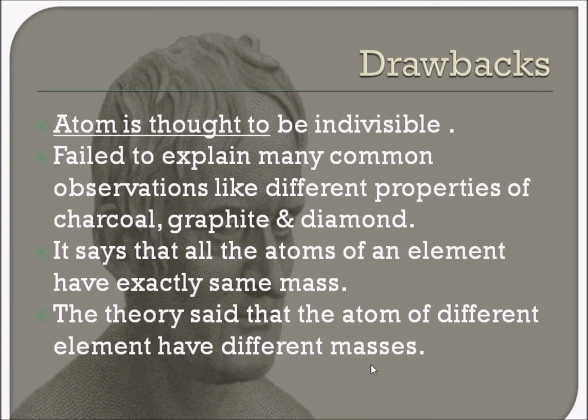That is, the atom was thought to be indivisible. This is one of the major drawbacks of Dalton's atomic theory. Why? As we know, under special circumstances, an atom can be further divided into still smaller particles called electrons, protons, and neutrons. So atoms are themselves made of three particles, right?